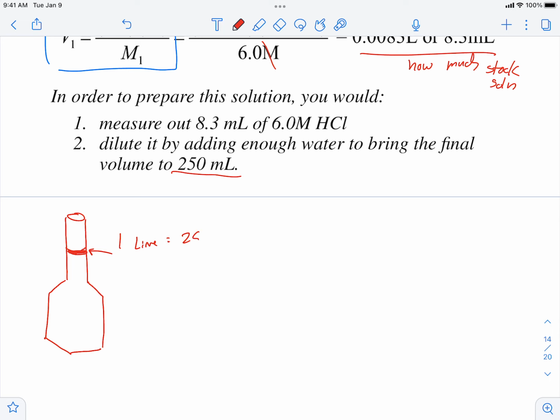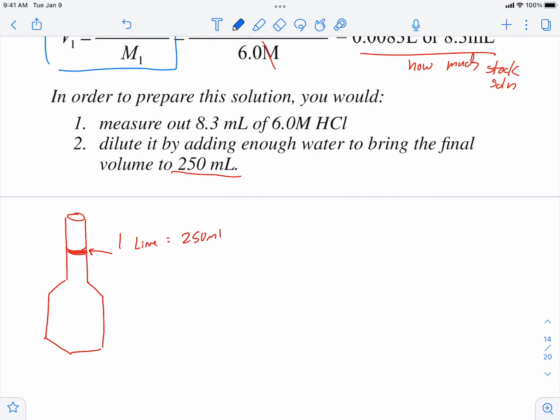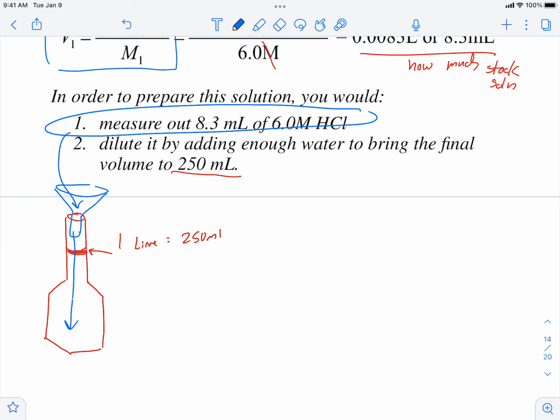In this case, it's 250 milliliters. So the first step, usually use a funnel, and then you add HCl, you add the solute, or the concentrated stock, into the flask.